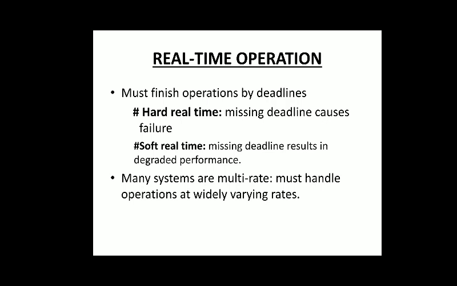But suppose you are playing a video and the video decoder is unable to decode one frame. That would make the video output a little degraded. That's why I have written degraded performance, because that is soft real time. So, hard real time operation and soft real time operation.